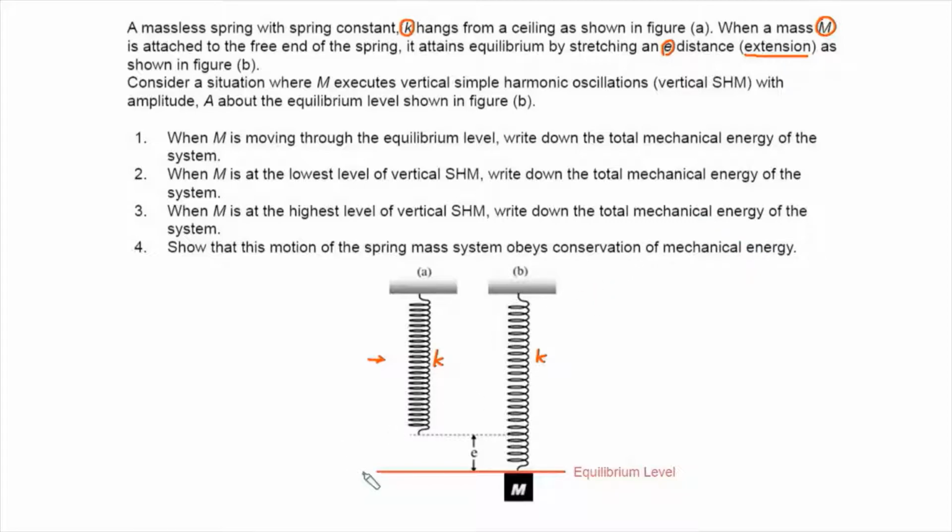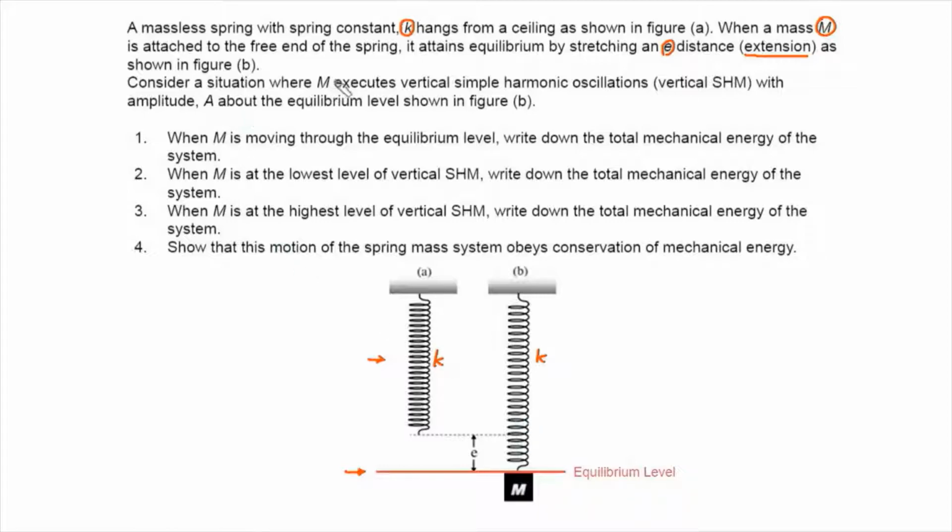So then you can see this horizontal line is what we call the equilibrium level. So at that level the spring and the mass are in equilibrium. The mass is experiencing gravitational force vertically downward, and that force is balanced by the spring force that is acting upward.